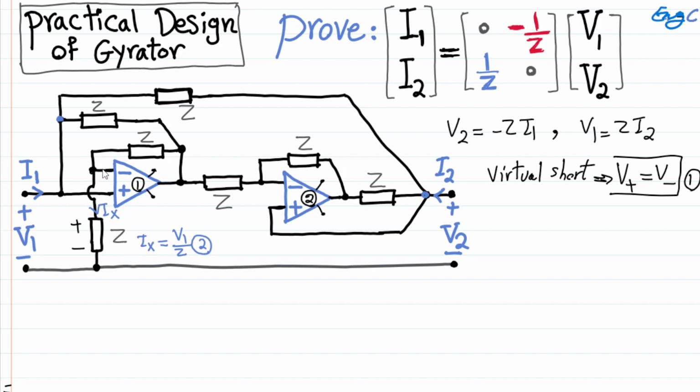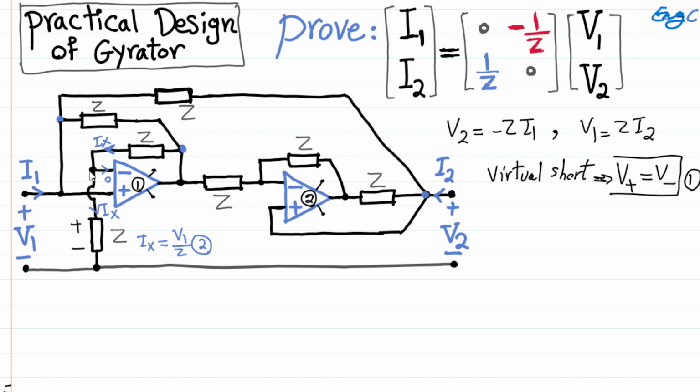This Ix cannot go through the input terminal of the ideal op-amp because it has infinite impedance. So Ix has to go through this branch, which means through this Z. Now, the trick is for this Z and this Z, you can see that they both have a common node here.